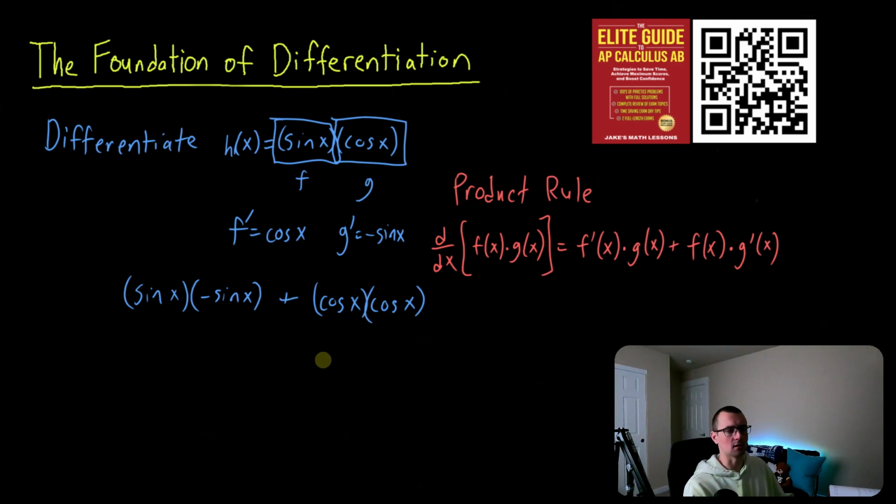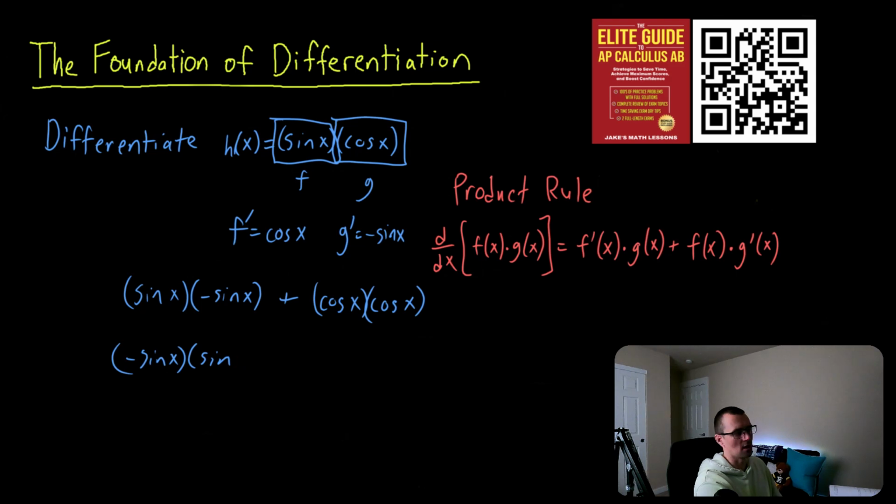And again, the order doesn't matter. So we could have written negative sine of x times sine of x. That's the same as what we have up here. Obviously, cosine of x times cosine of x is the same even if you flip-flop them. But then we also could flip-flop the order of writing sine of x times negative sine of x second, and we could have written cosine times cosine first, and it would be the same, right?